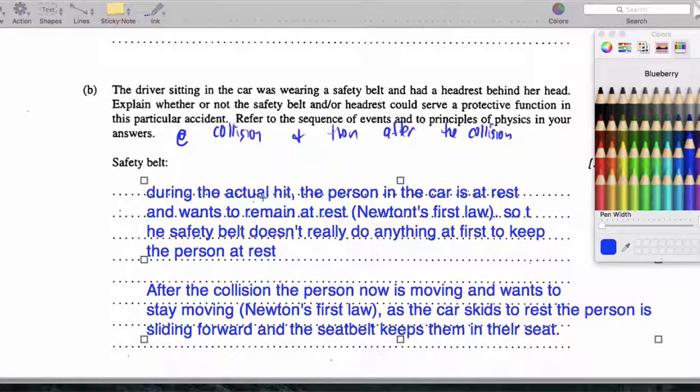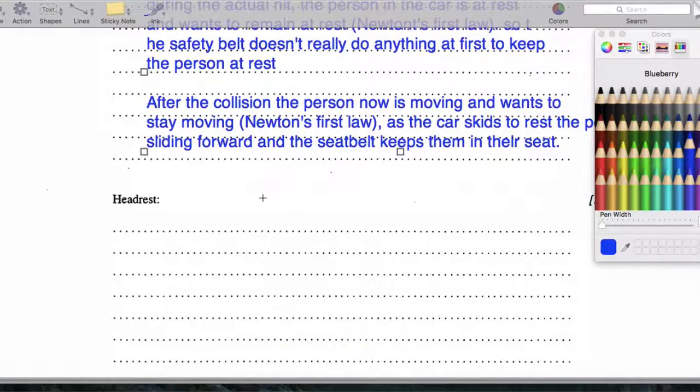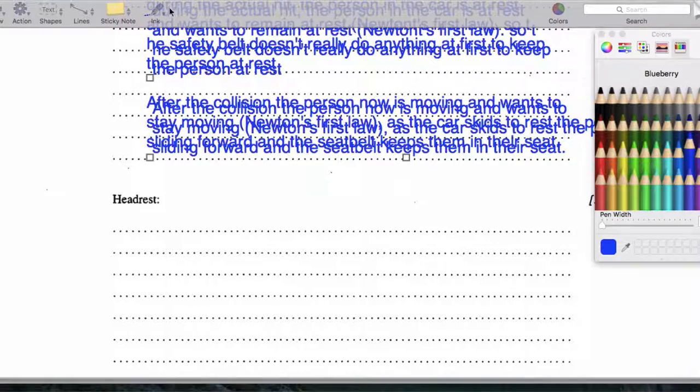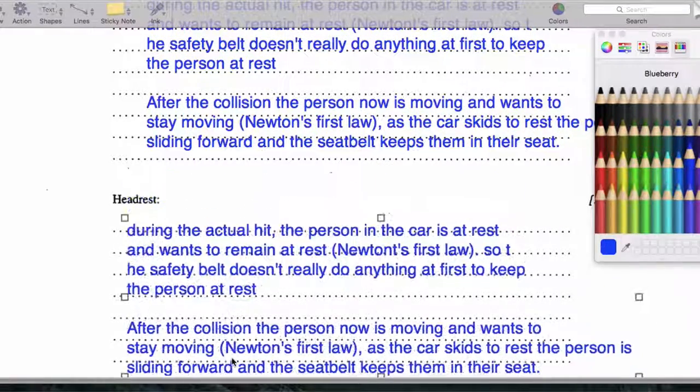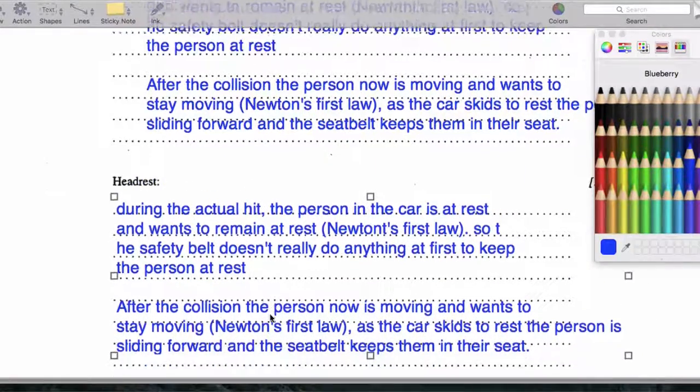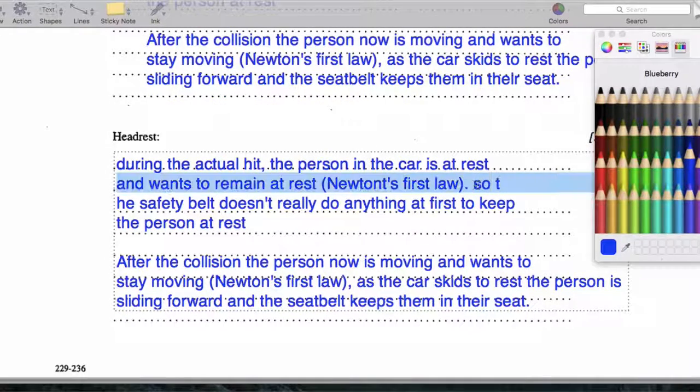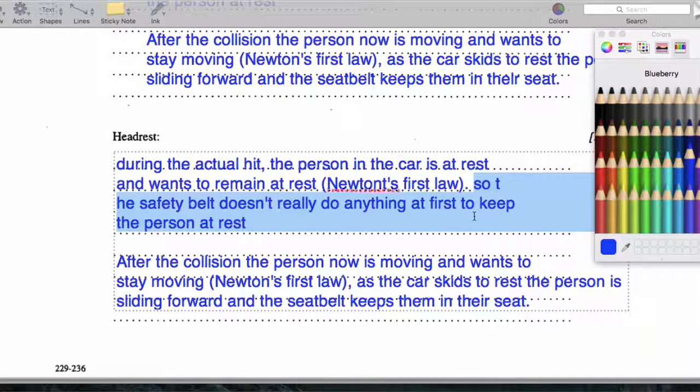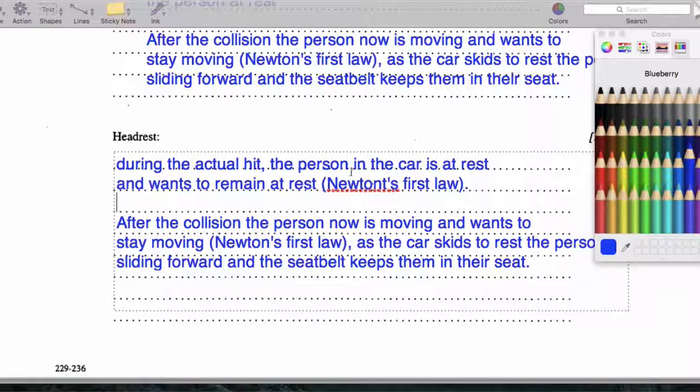Now I get to cheat a little bit and paste this here and adapt this explanation now for the headrest. So, let's be clear. During the actual hit, the person in the car is at rest and wants to remain at rest.